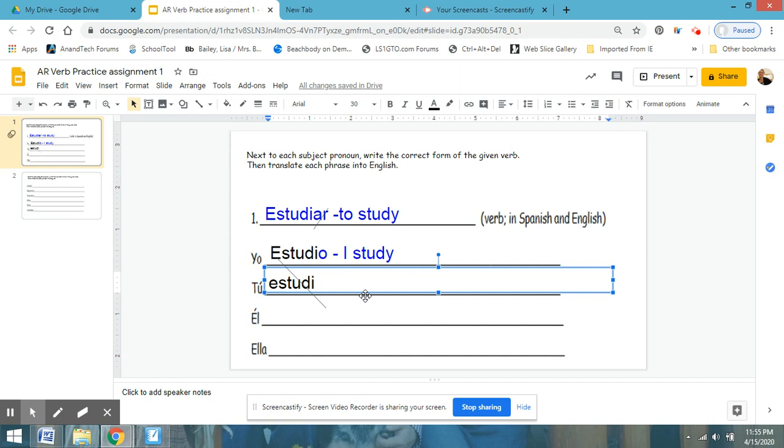That's just how it's working for me right now. So the tú ending for an AR verb. Good, it's as. And tú estudias, what does tú estudias mean? Right, tú estudias means you study.